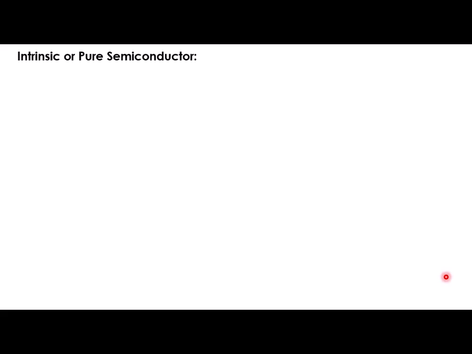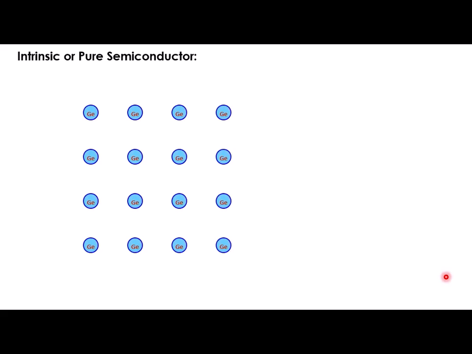To learn that, let us consider a part of a germanium single crystal. This is a part of a germanium single crystal consisting of a few germanium atoms which are placed at equal intervals in their lattice points.